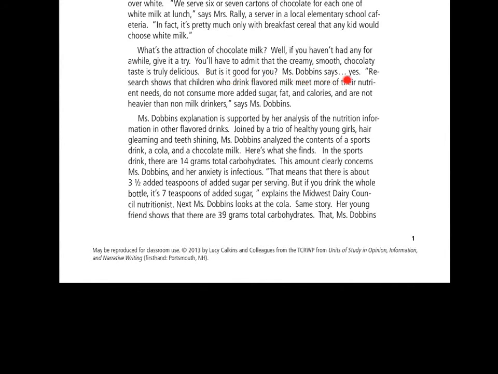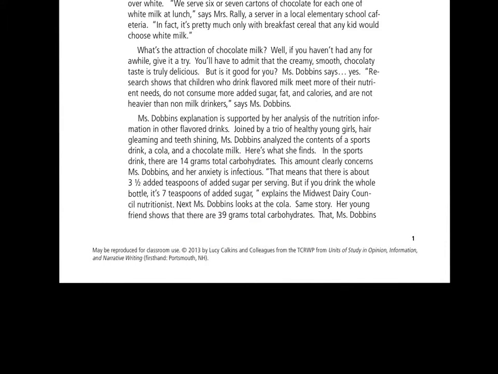Miss Dobbins says yes. Research shows that children who drink flavored milk meet more of their nutrient needs, do not consume more added sugar, fat, and calories, and are not heavier than non-milk drinkers, says Miss Dobbins. Miss Dobbins' explanation is supported by her analysis of the nutrition information in other flavored drinks. Joined by a trio of healthy young girls, hair gleaming and teeth shining, Miss Dobbins analyzed the contents of a sports drink, a cola, and chocolate milk.